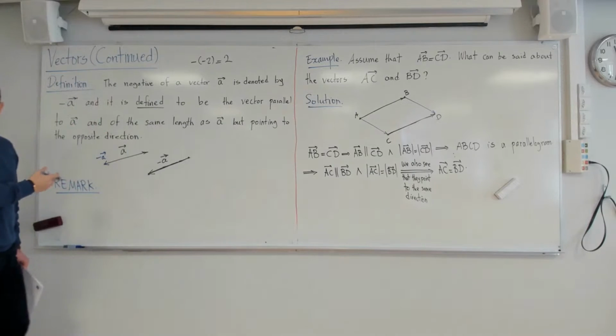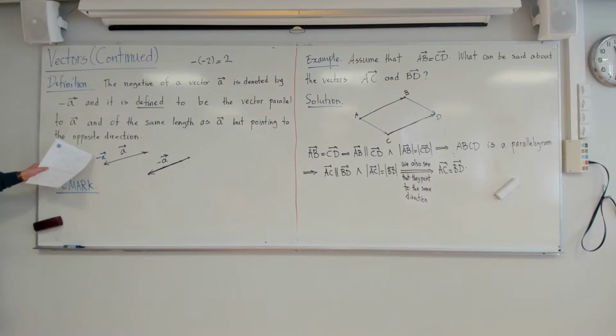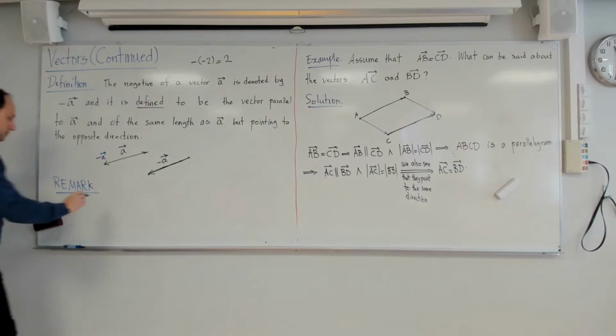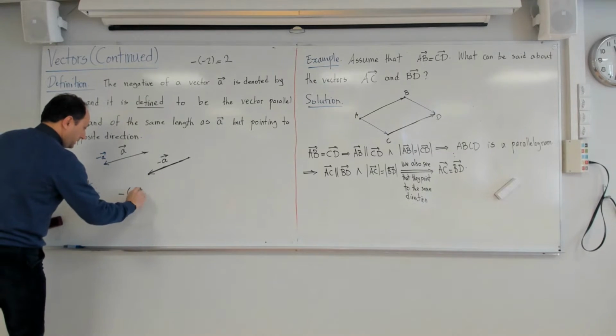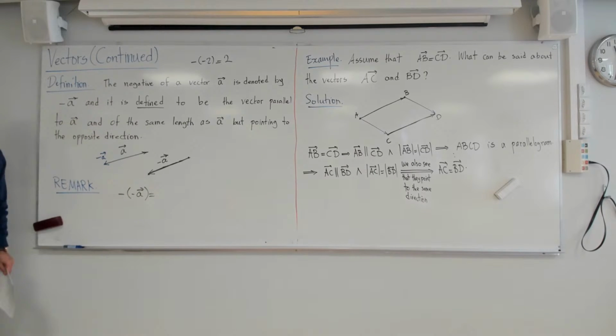Do you think the same thing happens for this minus sign, which is totally different? What's your opinion about minus of minus a vector? It's the opposite direction of the opposite direction, right? And it's just positive. It's equal to itself.